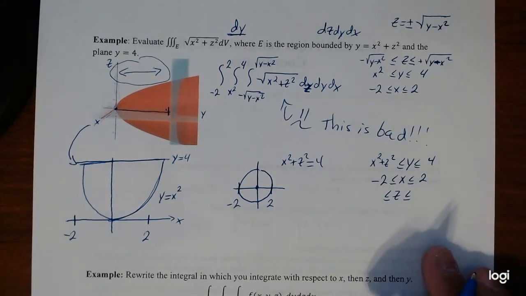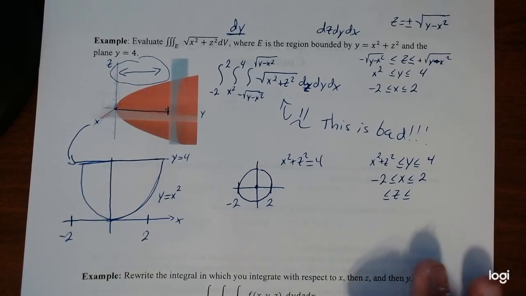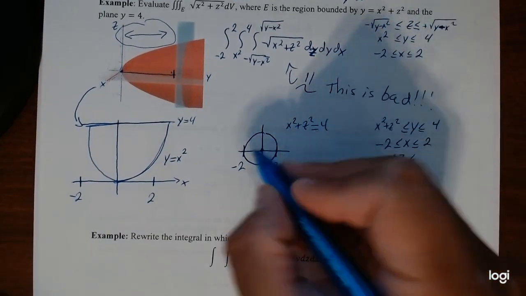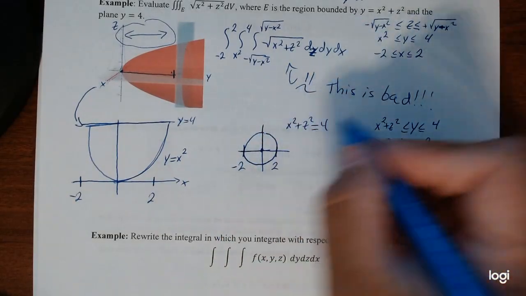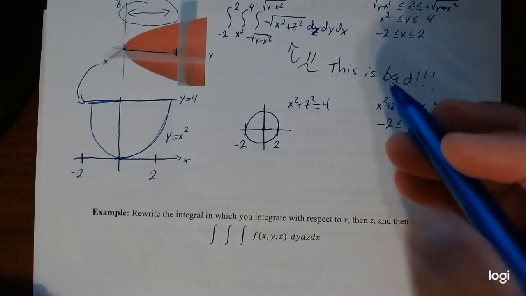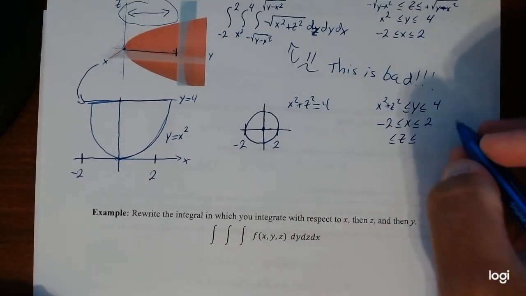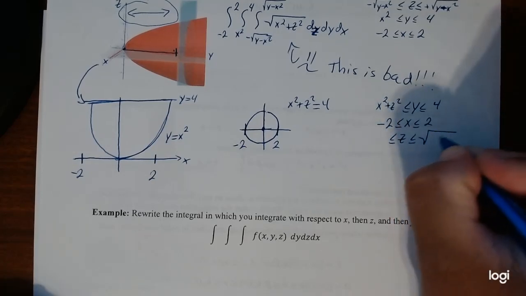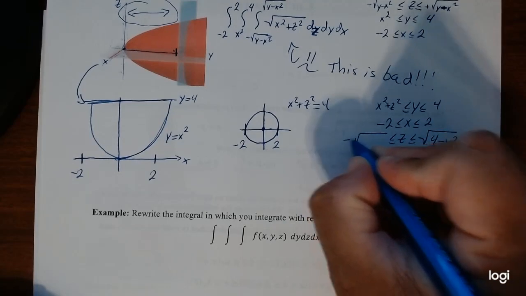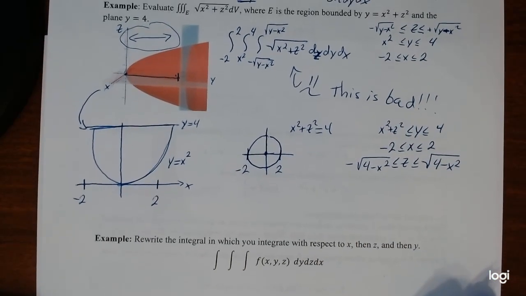But now what if our z goes into it? Well, that just means I'll just solve for z, because it gives me the upper half and then the lower half, which almost gives me exactly what we have here, right? Solving for z, subtract x squared and take the square root. So z goes from the square root of 4 minus x squared, inside the square root, instead of just y.